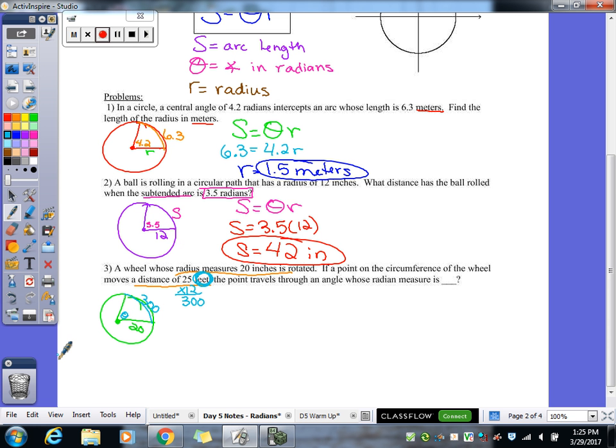We got to find our theta. We got to find our angle measure. So S equals theta r. 300 goes in for S. 20 goes in for your r.